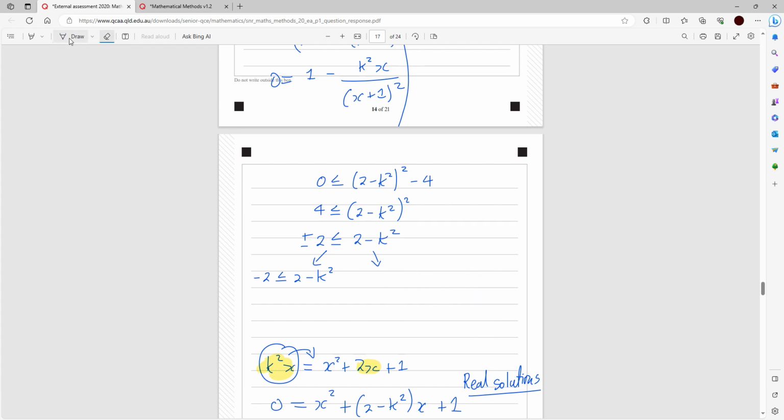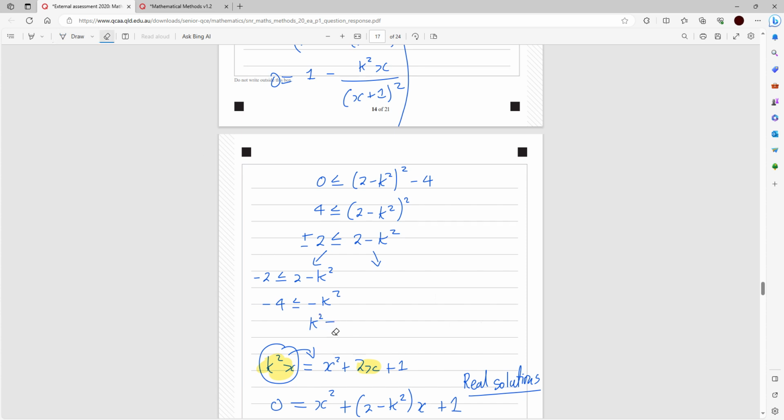So we rub that out and discard that solution, okay? So, minus 2, so we have negative 4 is less than or equal to negative k squared. Now we divide by the negative, so we're going to have k squared... Oh, sorry.